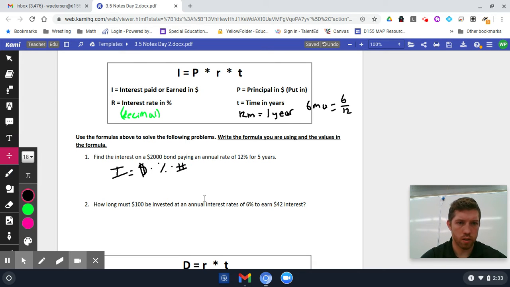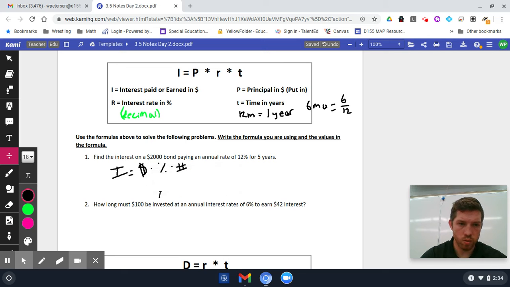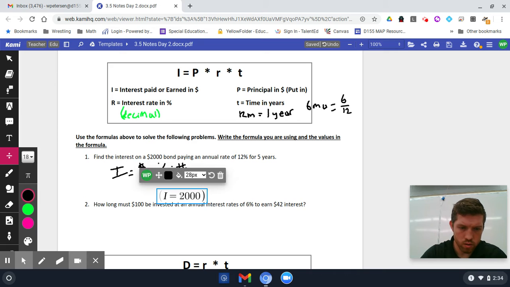So we're going to start with the interest equals our principal is 2,000. And we're going to times that. So I'm going to put it all in parentheses. Principal times rate.